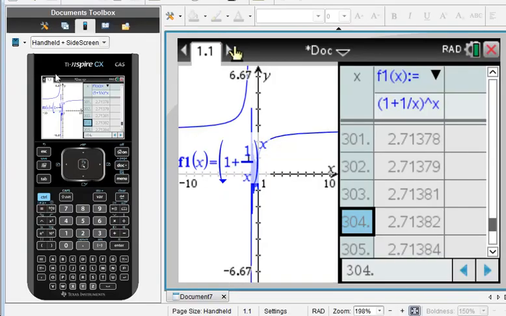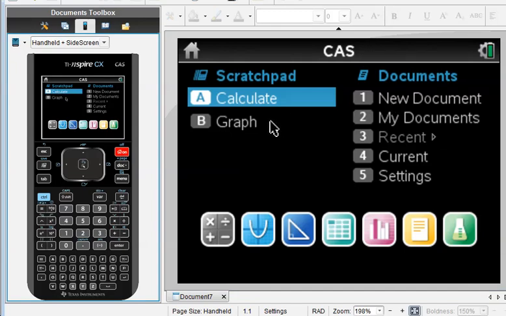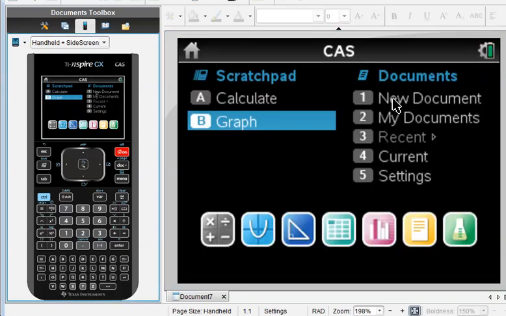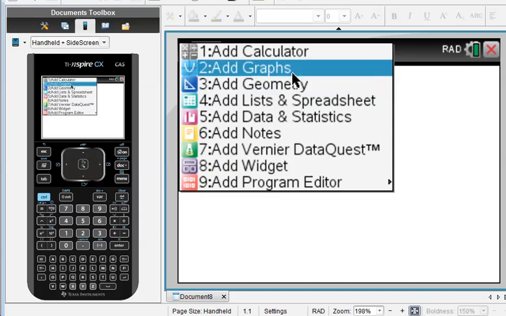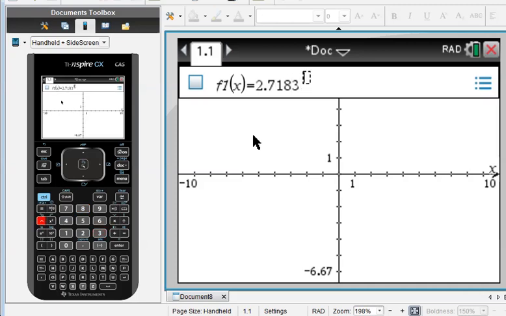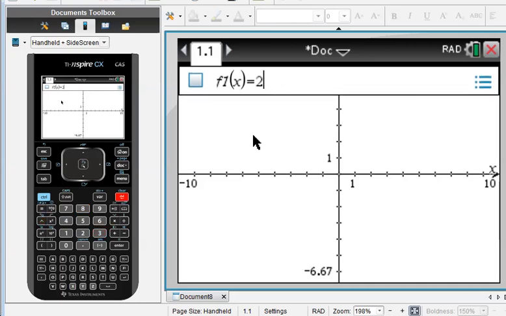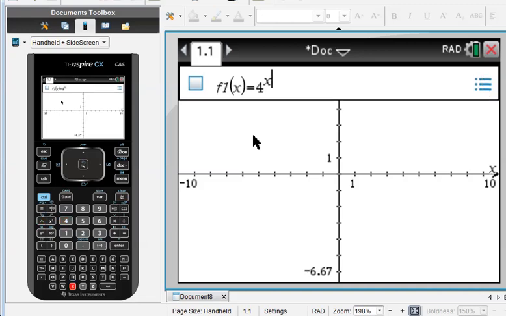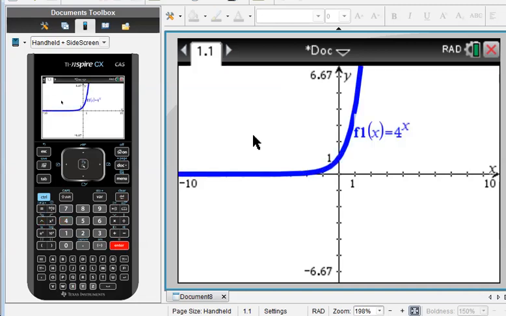Instead of 2.7183 to the power of x, I'm going to do just 4 to the power of x. So this is what we should expect for 4 to the power of x. This is an exponential function. Obviously, it's exponentially growing.